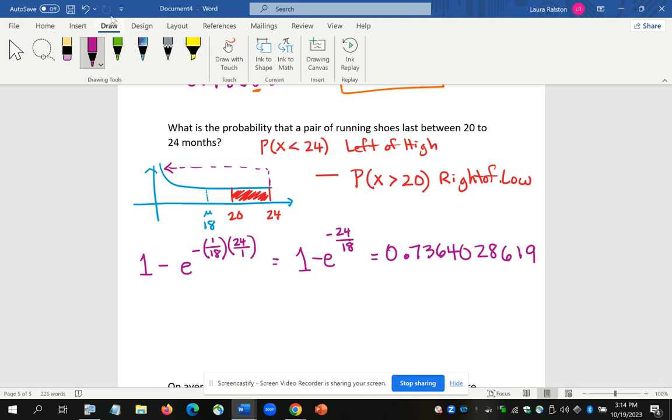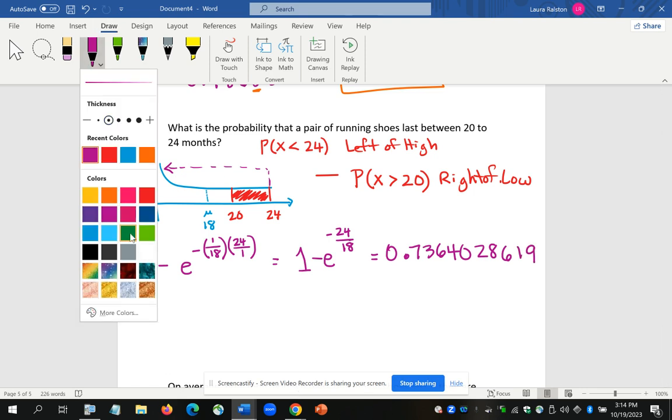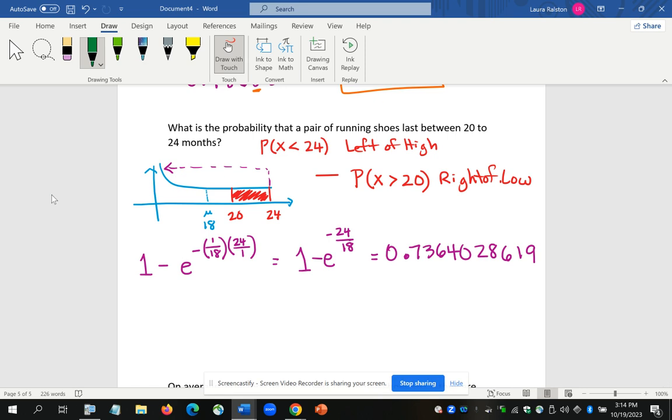Then we need to do right of 20. So we want to do e to the negative 1/18 times 20, which is e to the negative 20 over 18.